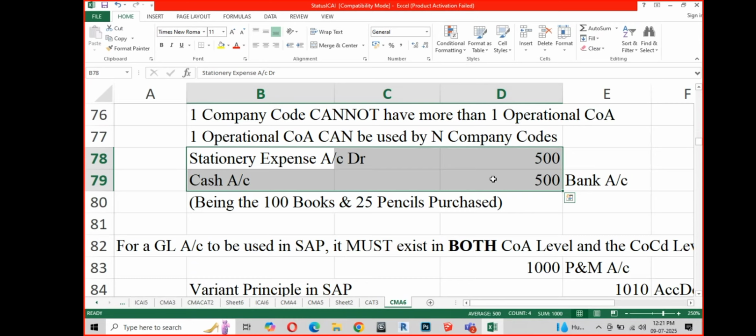So based on these kinds of transactions, I'm just adding one more point. All these transactions are called documents in SAP. That is all. The meaning of the word document is transaction. Clear? So each kind of transaction has a unique document, which gets generated along with a unique number.